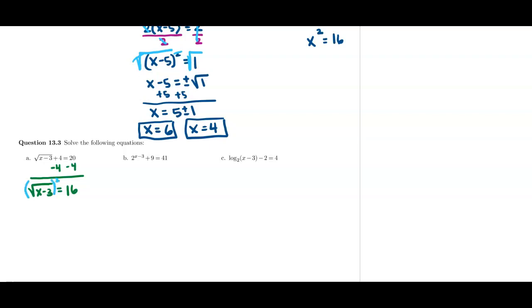Awesome. So square this side, square this side. That means our square root and our square undo each other. And so that gives me x minus 3 equals 16 squared, which is 256. And then the last thing to do would just be add that 3 over. So x equals 259.